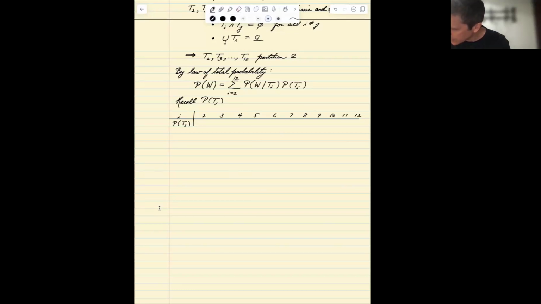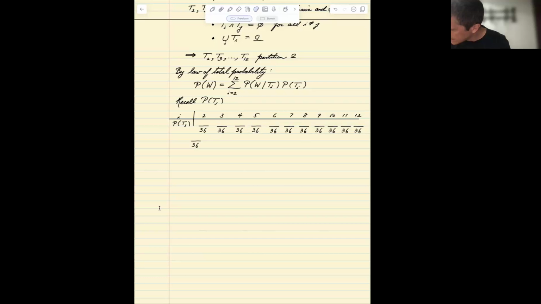Now the way this worked, to make this as quick as possible, is that there are 36 possible outcomes, and we have to count how many possible ways there are to roll each of these numbers.